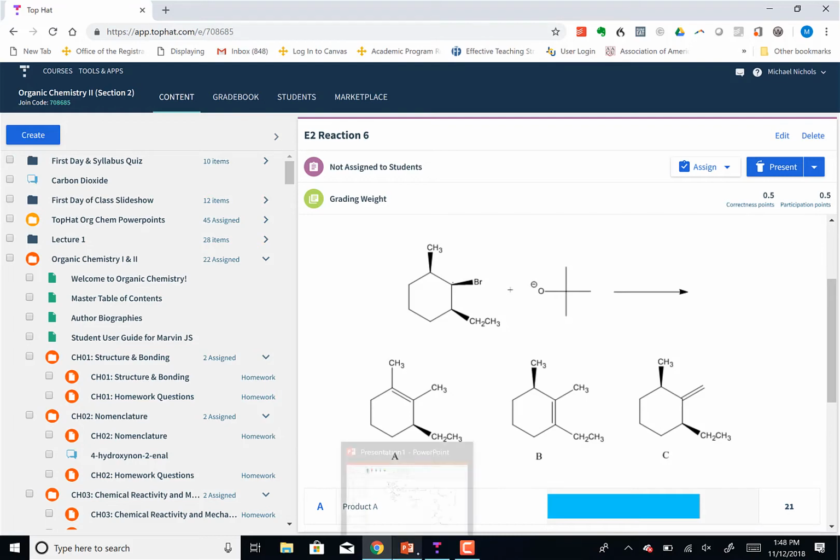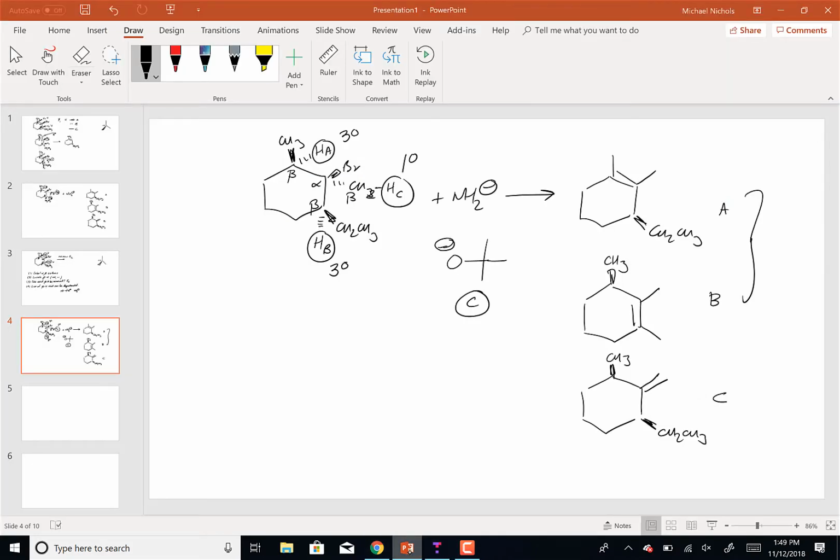So with this one, normally we look at primary versus secondary versus tertiary, but in this case, while these two hydrogens are both tertiary, we can look at their surroundings, and having the methyl group attached to the carbon with that hydrogen is less sterically hindered than having the ethyl group.